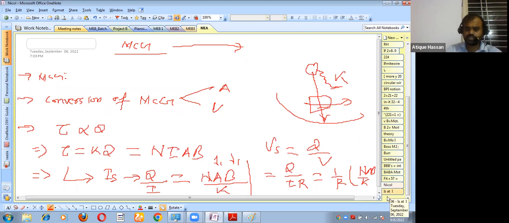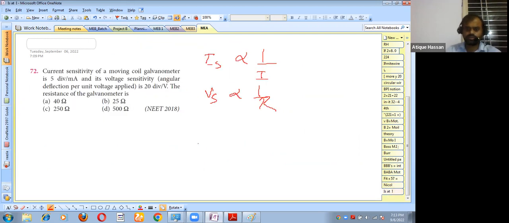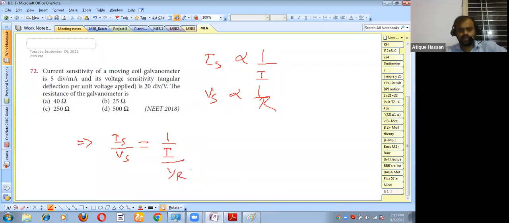So if we divide both, current sensitivity by voltage sensitivity, we will get 1 by I divided by 1 by R, right? So we have to find the resistance.